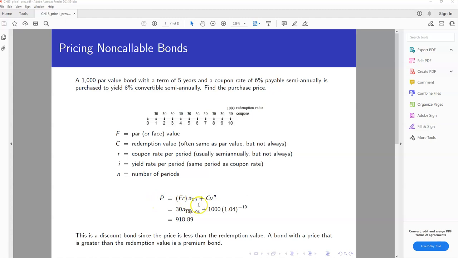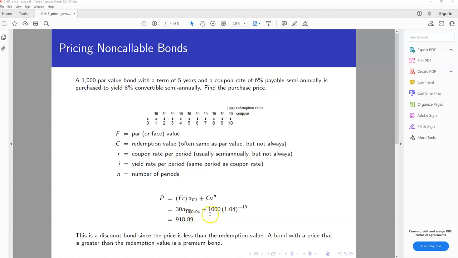Okay, so this is our main formula, if you will, for pricing a bond. We've got the level payments that are the coupon payments, and we've got the lump sum payment that is the redemption value. In this example, each coupon is 30, so we've got a level annuity of payments of 30 for 10 periods, priced at a 4% yield rate.